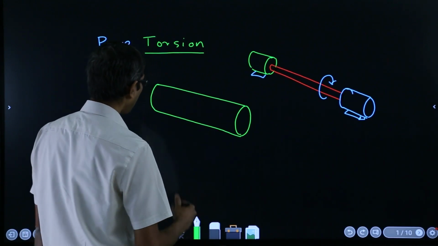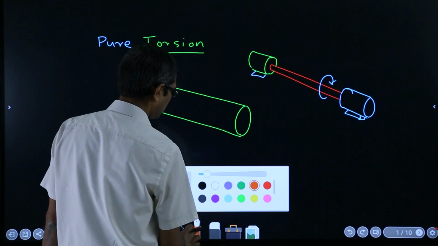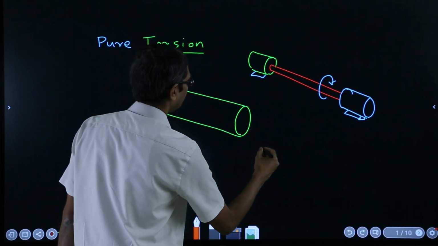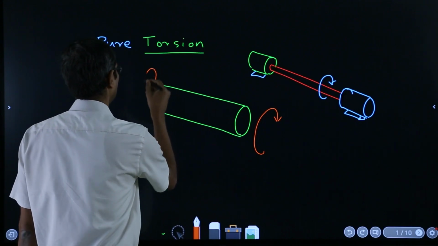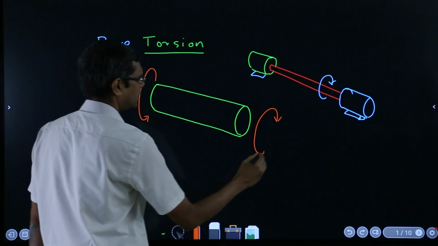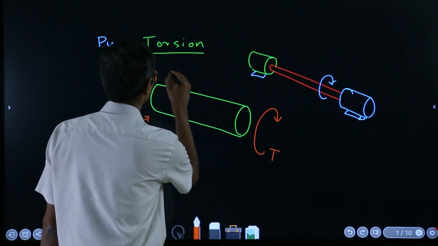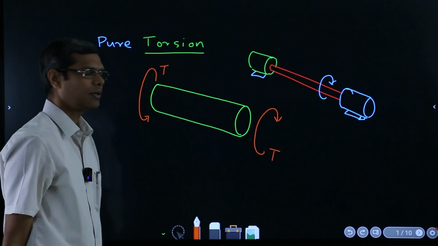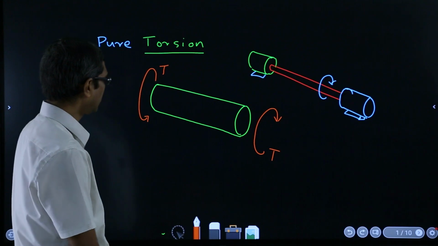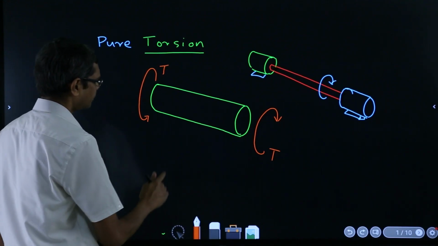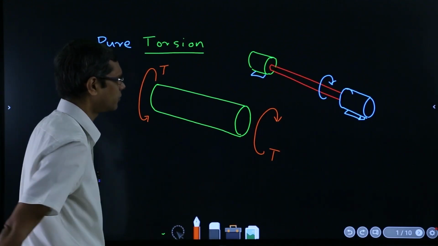And then this is being subjected to equal and opposite torques like this, which is trying to twist this bar. So that's what we are calling the canonical form of torsion.